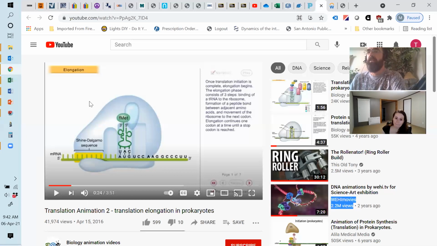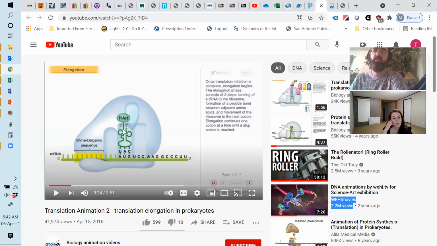We have our full ribosome assembled. We have our small subunit down here, which binds to the mRNA. We have our large subunit up here, which has these three sites: the A site, the peptidyl transferase, or peptide bond forming, site, and our exit site.